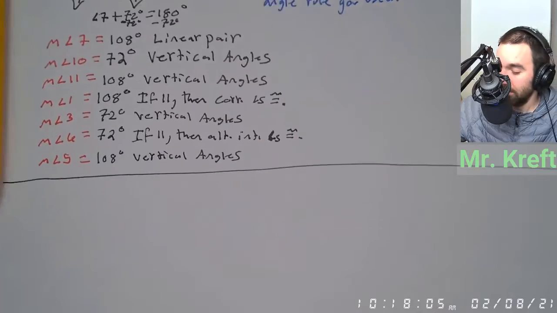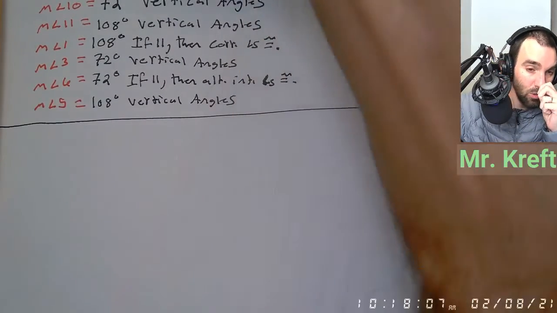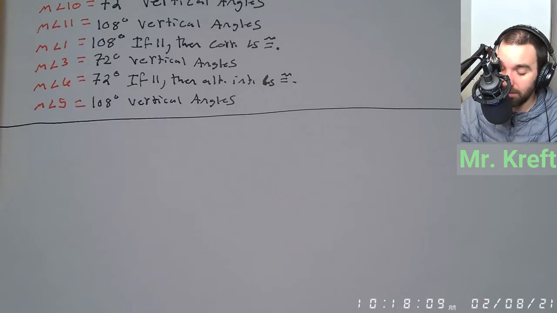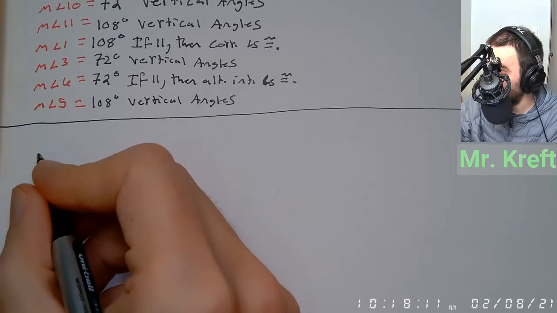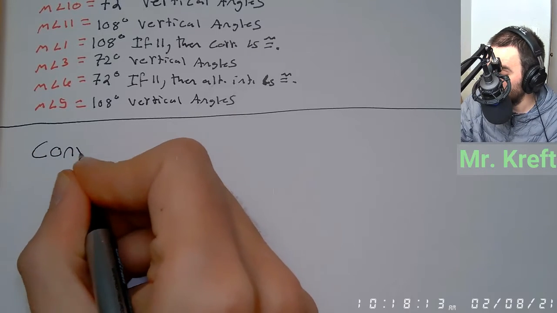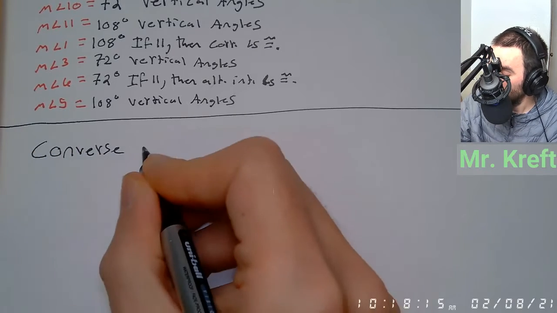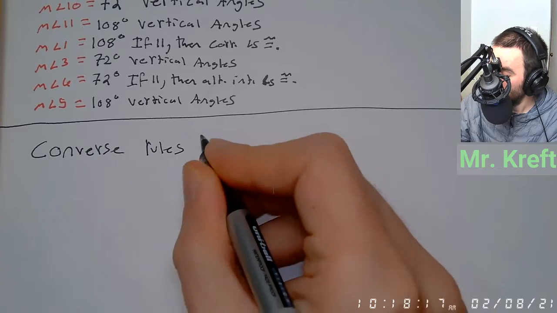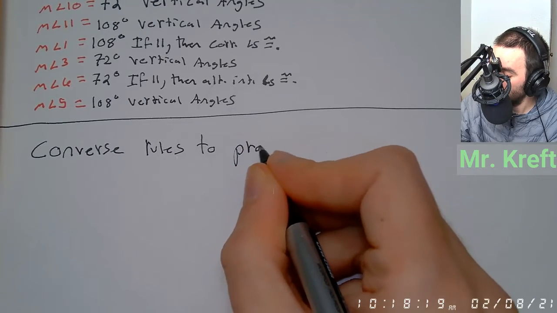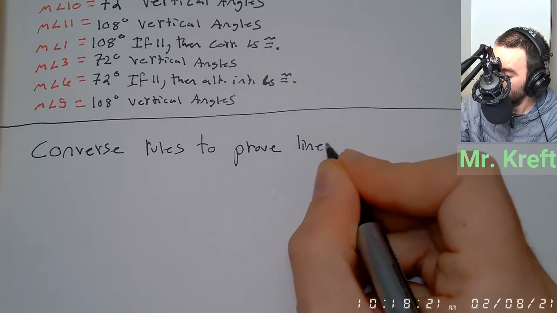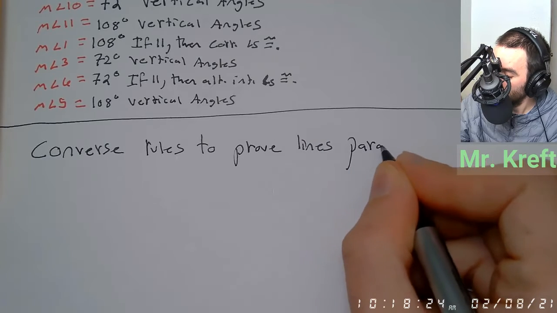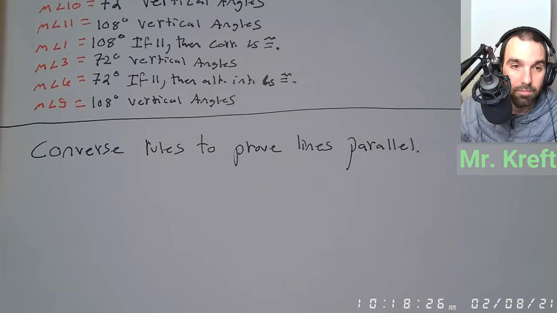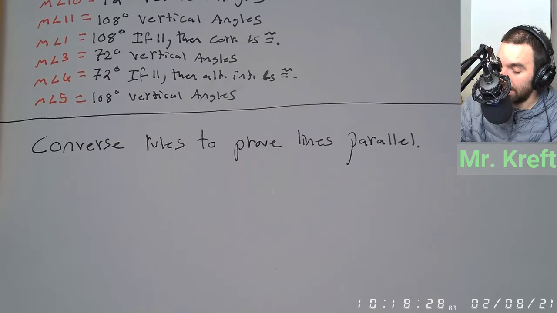Okay? All right. So today we're going to learn about the converse rules for parallel lines. So we're going to learn the converse rules to prove lines parallel. Okay. So that's what we're doing today.